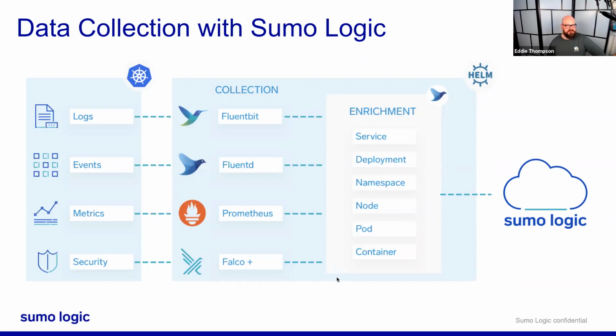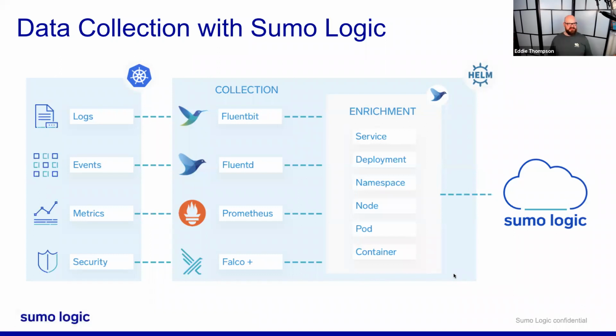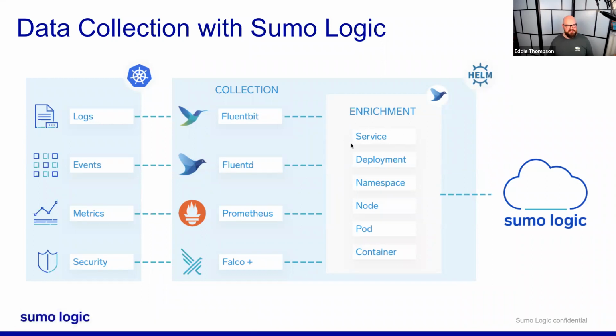Now, the enrichment pipeline, this is a FluentD deployment itself, and this is where the secret sauce is for us. So every single log event, metric, or security event gets tagged with service, deployment, namespace, in addition to the more traditional infrastructure level taggings of node, pod, and container.